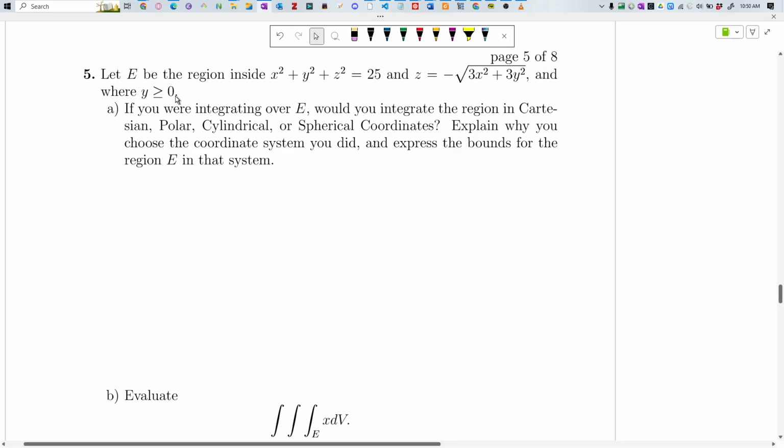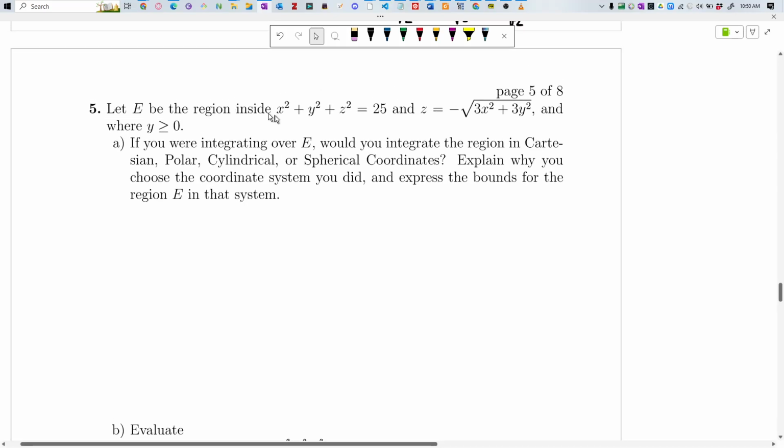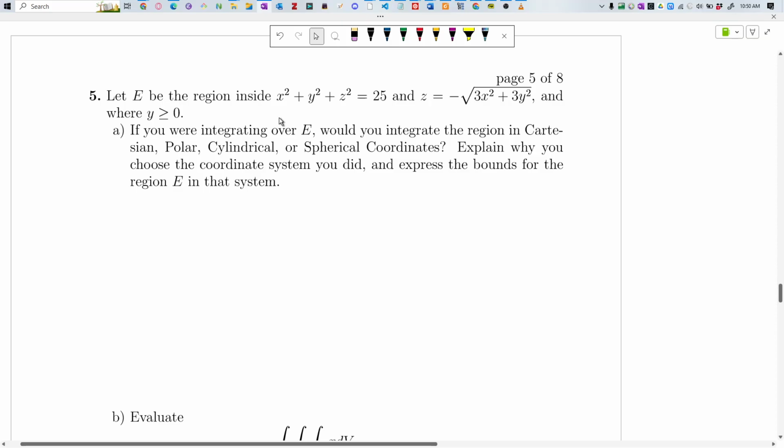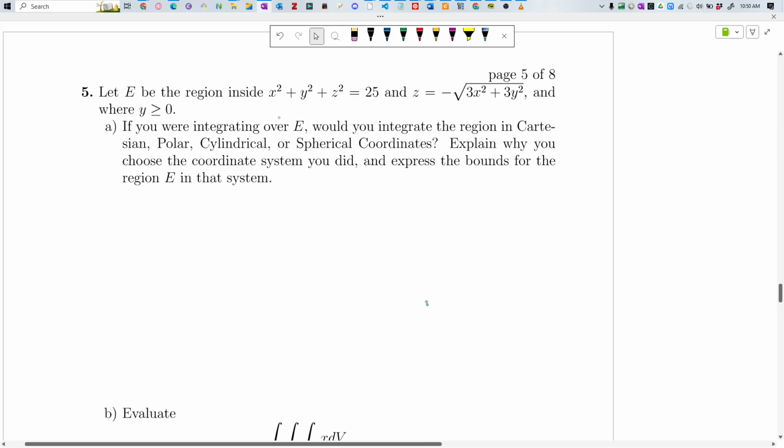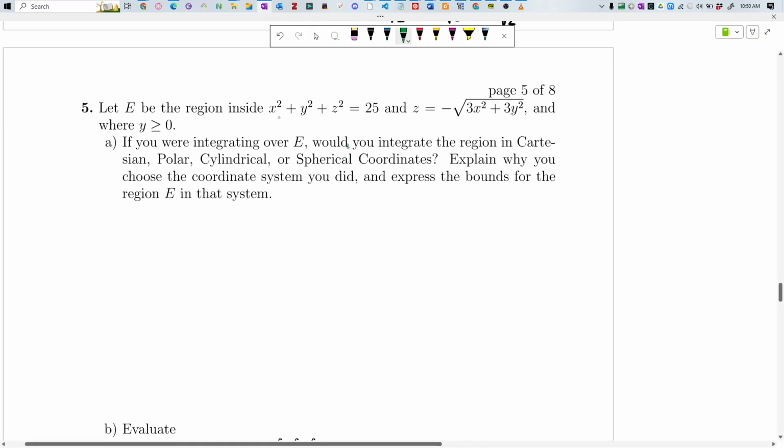This y greater than or equal to 0 looks like it's cutting the theta. Okay, so I do have an impression of this, and it might be more from my own experience with things, but I believe this is going to be a spherical cone.